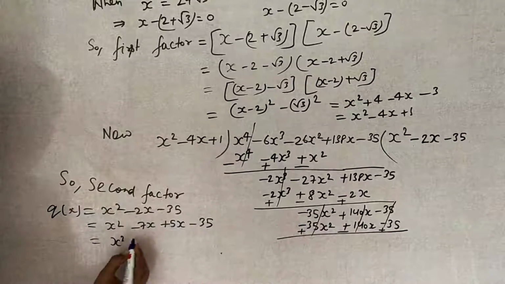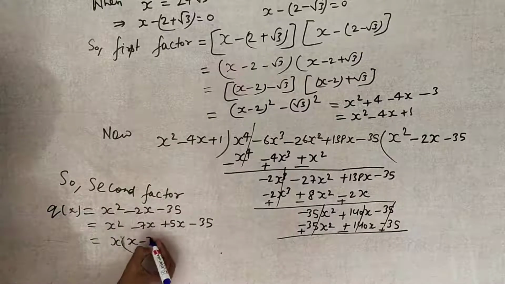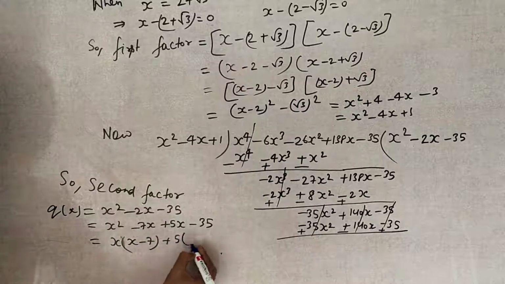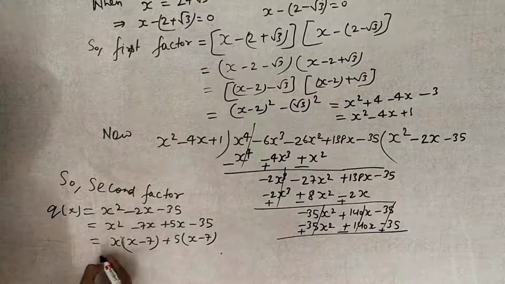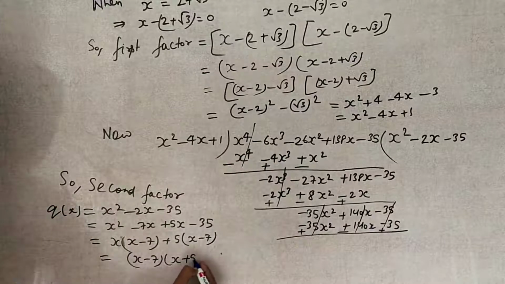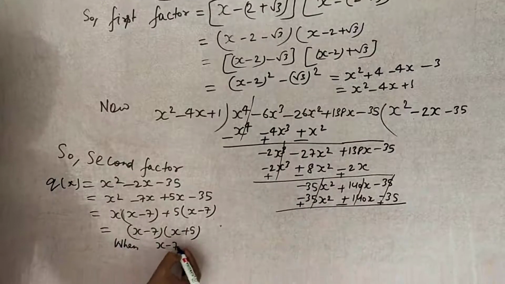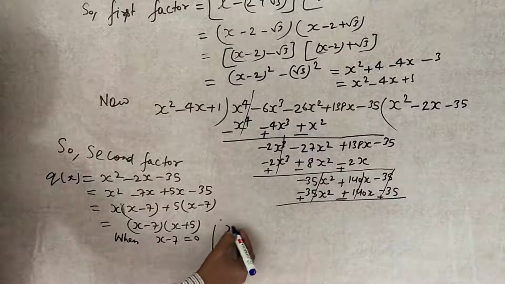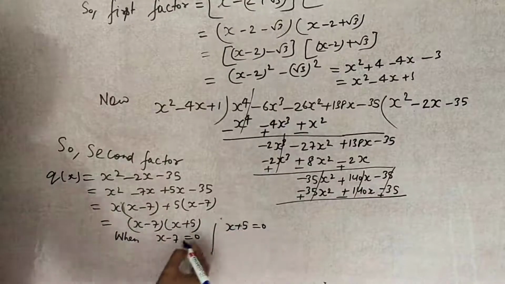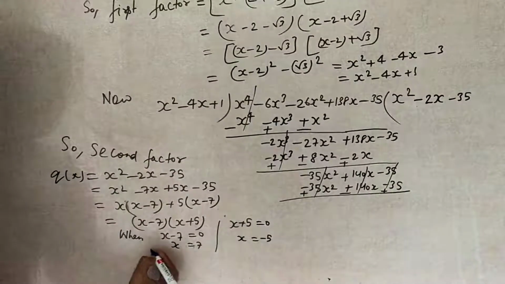x square, what are we taking common? x. Both have common x. x minus 7, there 5, x minus 7. How much? x minus 7 into x plus 5. When x minus 7 is equal to 0, x plus 5 is equal to 0, x is equal to 7, x is equal to minus 5.